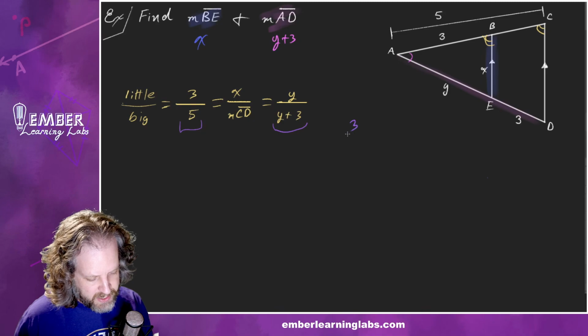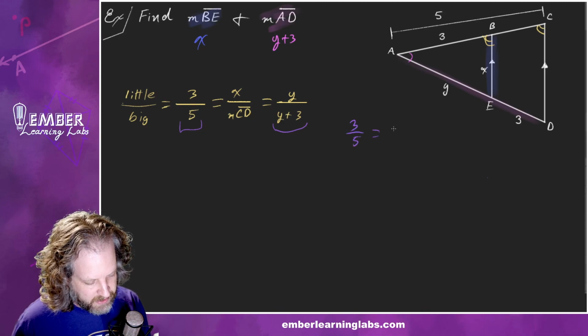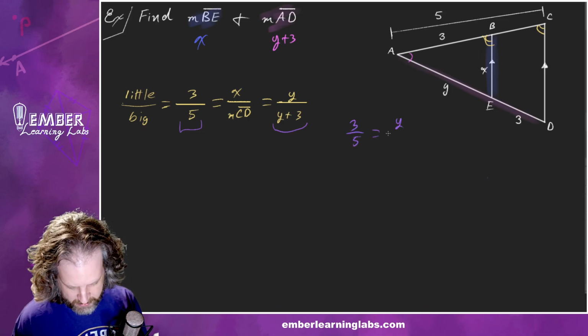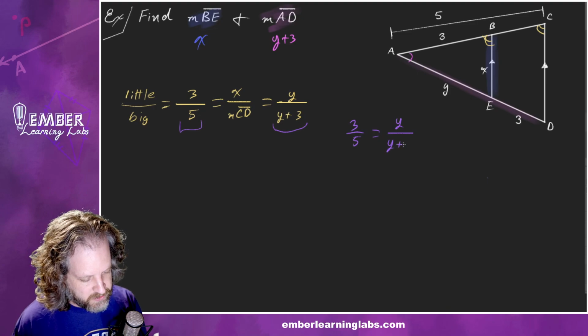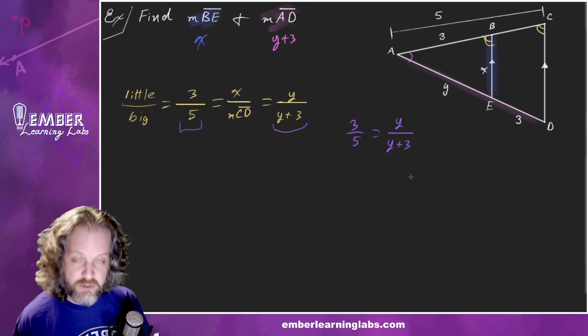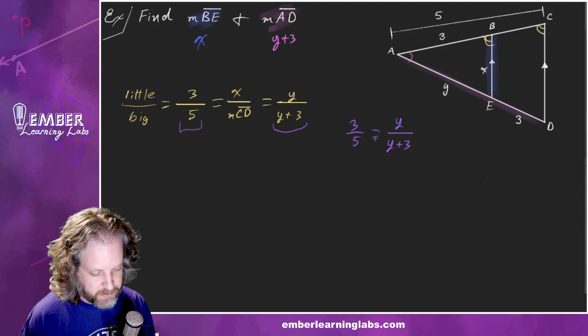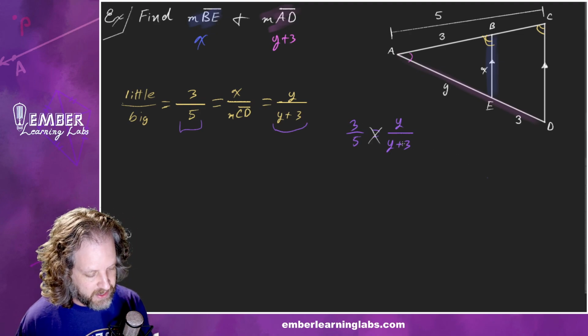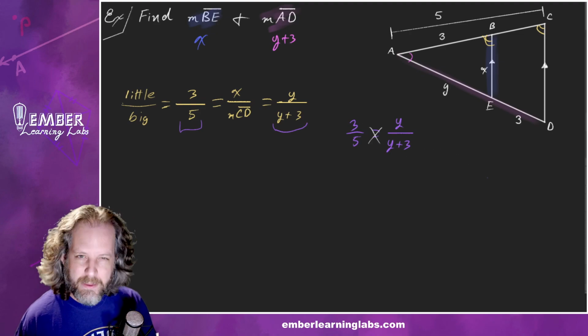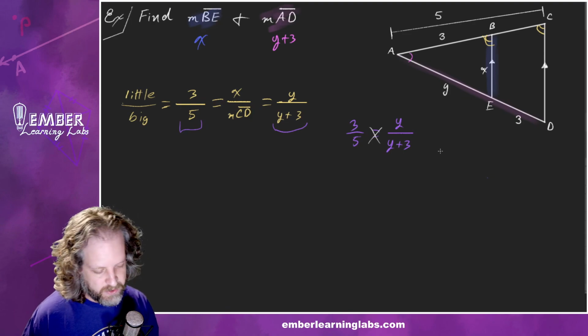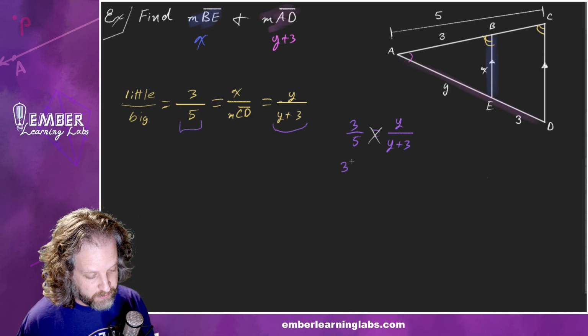So we've got 3 to 5 equals y to y plus 3, right? So this we can solve by cross multiplying. That's easy peasy, right? 3 times y plus 3. I'm going to write that all the way out because we don't want to make a mistake and forget that we need to distribute.